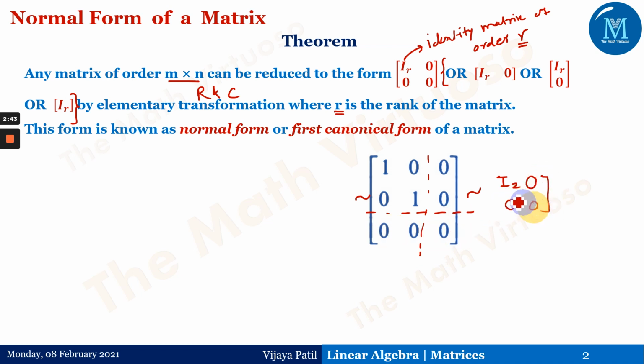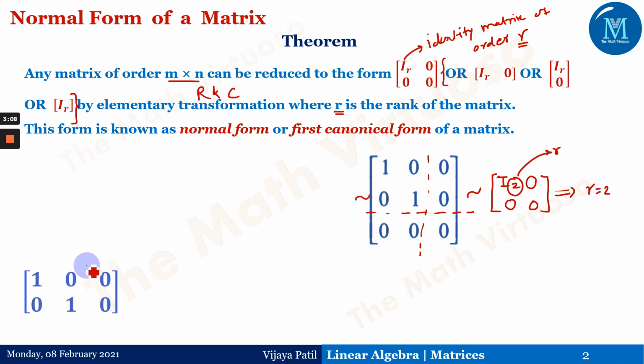This is known as a partition of matrices. After doing the partition, I get this form, which implies the value of small r is 2. So the rank of the matrix is equal to 2. I have to look at the order of the identity matrix over here.